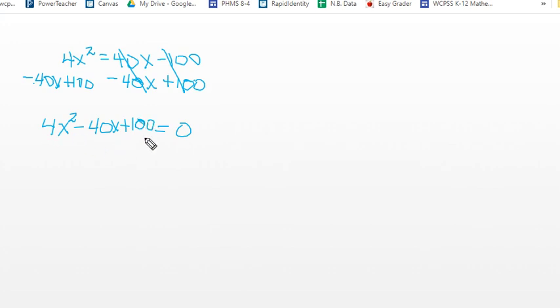And now I notice that they have common factors, and so I can divide each of these terms by their greatest common factor, which would be 4. So I'm going to factor out a 4, and I'll be left with x squared. Negative 40x divided by 4 would be negative 10x, and 100 divided by 4 would be 25.